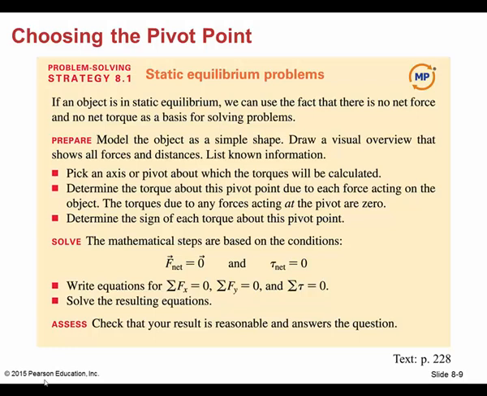Doesn't matter. Static equilibrium problems, again, this is just a review of how to set them up. Of course, as with all physics problems, you need to draw and then pick your pivot axis, determine the torque about the pivot, determine the sign, and then, of course, solve it.